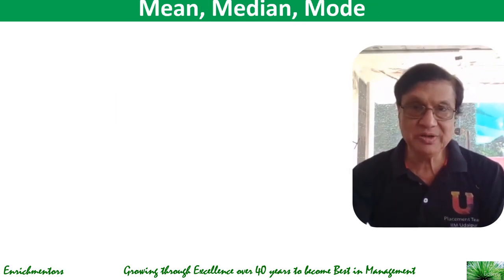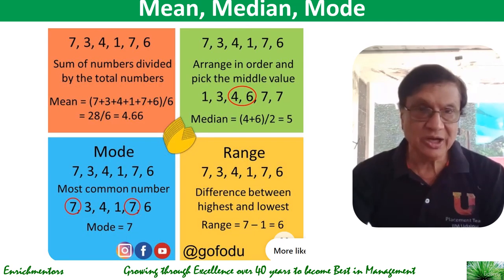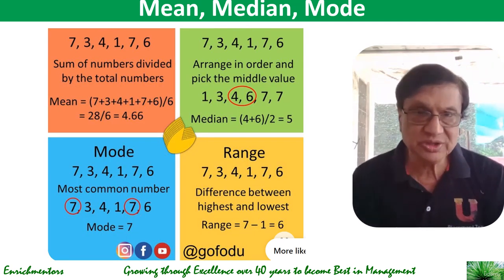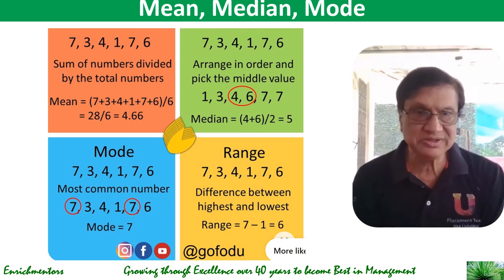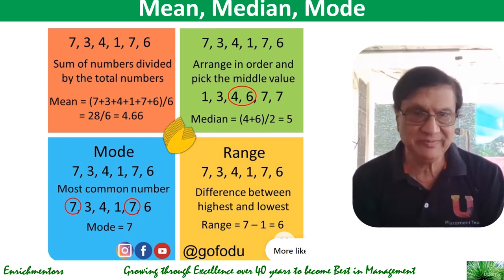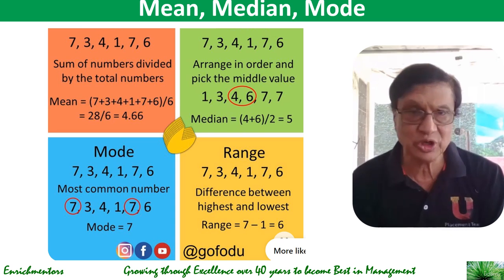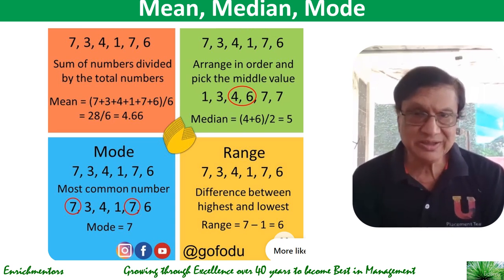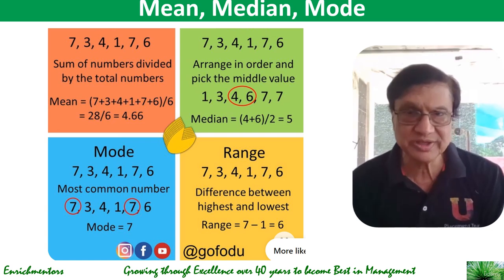Now, what is mean, median and mode? Let's take a quick look and recap. Now, if you see the illustration here, you have these six numbers. So the sum of total numbers divided by the total number is the mean, which is 4.66 here on the top left. Then the median: you arrange the values in order and then pick the middle values.